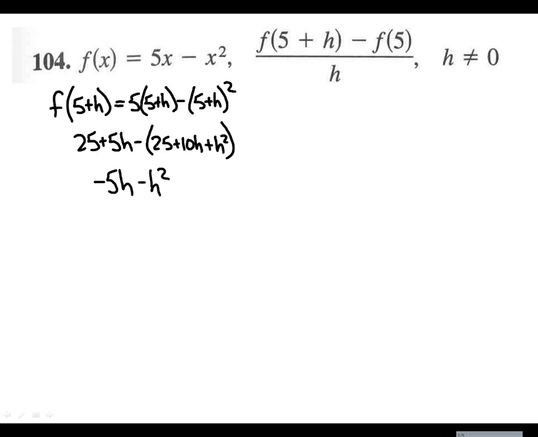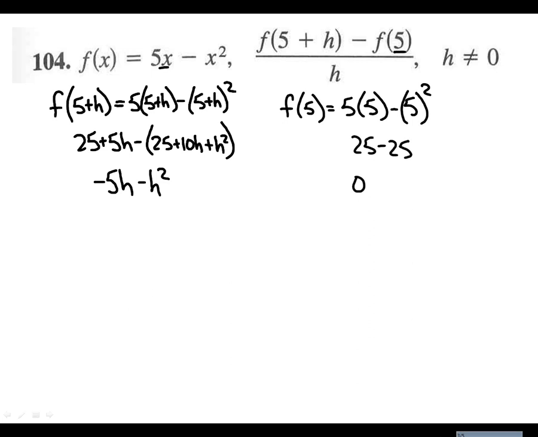That's part 1. Part 2, we need to find f of 5. So I'm going to go 5 times 5 minus 5 squared. The 5 is what we're putting in for x. We have 25 minus 25, so 0. We have two parts. This minus this.